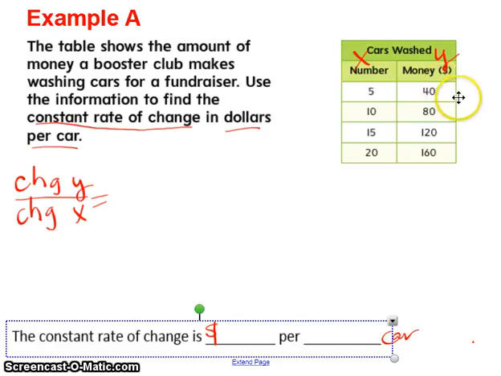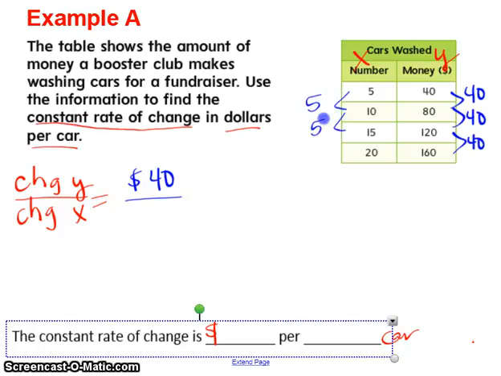Okay, so let's look at our change in Y. What is it changing by each time? So it goes 40, and then it goes another 40, and then another 40. So my change in Y is $40 per, let's see here, number of cars. And you have to check to make sure these are all the same, because they changed some of them to trick you. Per 5 cars.